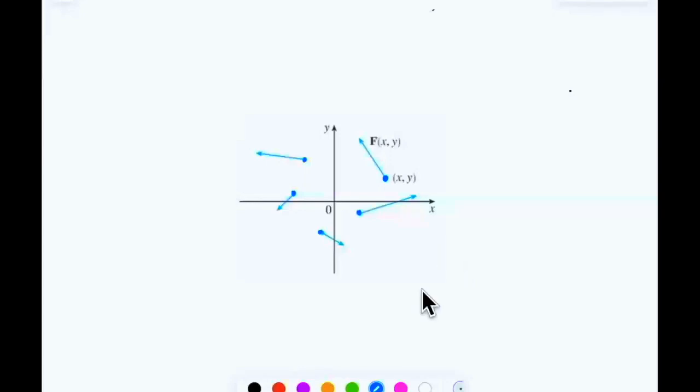Of course, it's impossible to do this for all points, because you have infinitely many points. But by just picking some representative points, we can gain a reasonable understanding of this vector field. The more you draw, the better picture you get, but just picking some points gives you some idea of the vector field.